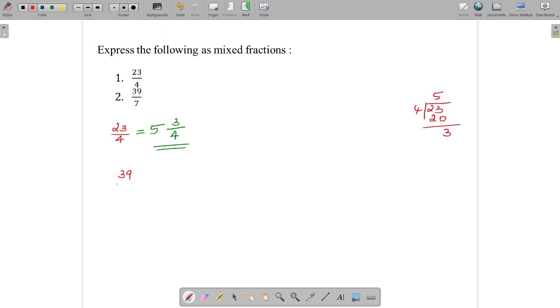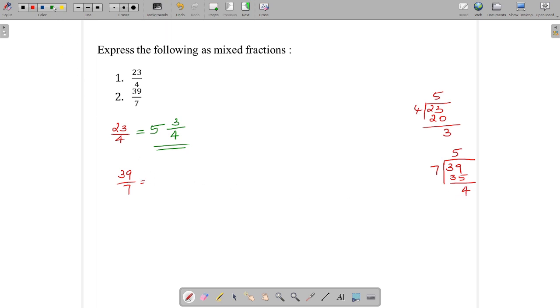Now let us take the next one, 39/7. The same way, we have to divide 39 by 7. When we divide 39 by 7, the quotient will be 5. 5 sevens are 35.